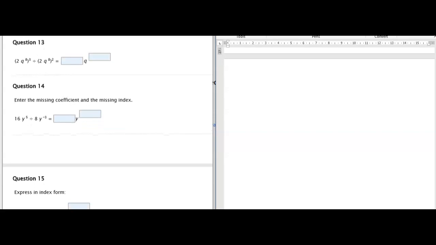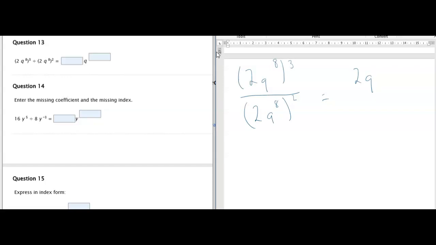All right, question 13. So we've got 2q to the power of 8, that looks like a 3. Now, I always prefer to write my divisions like this as a fraction. So then we've got (2q^8) to the power of 3 over (2q^8) to the power of 2. On my numerator, I've got 2q^8.